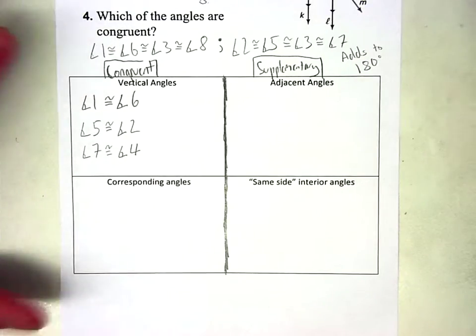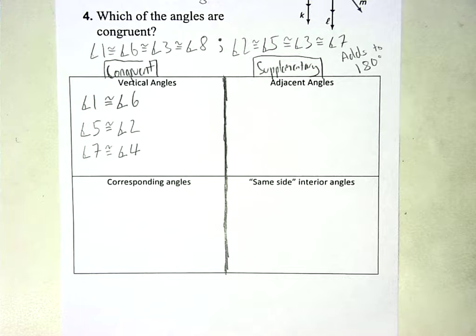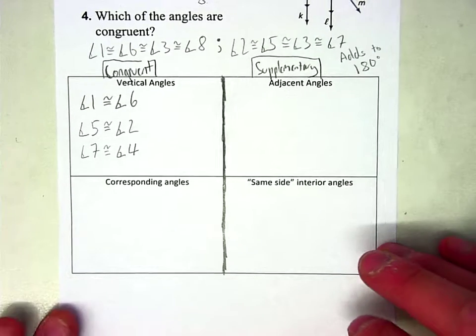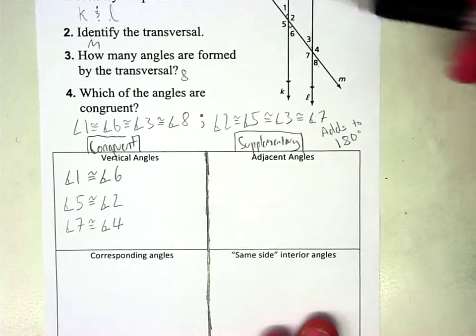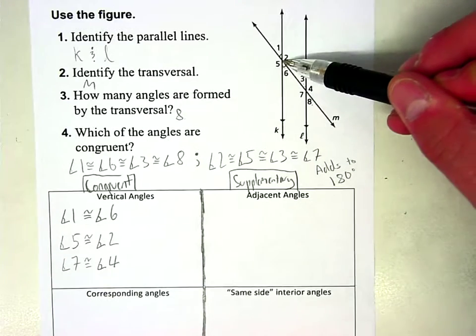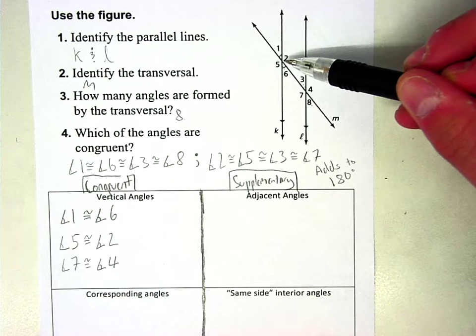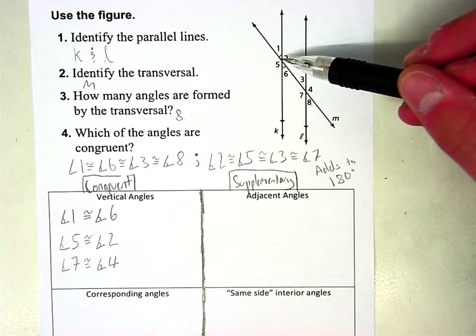Next little trick for you is this other relationship, corresponding angles. Very same idea as corresponding sides when we're talking about congruent or similar shapes. Corresponding angles, here's how I like to identify these. I like to look at my parallel line and transversal as two separate intersections.